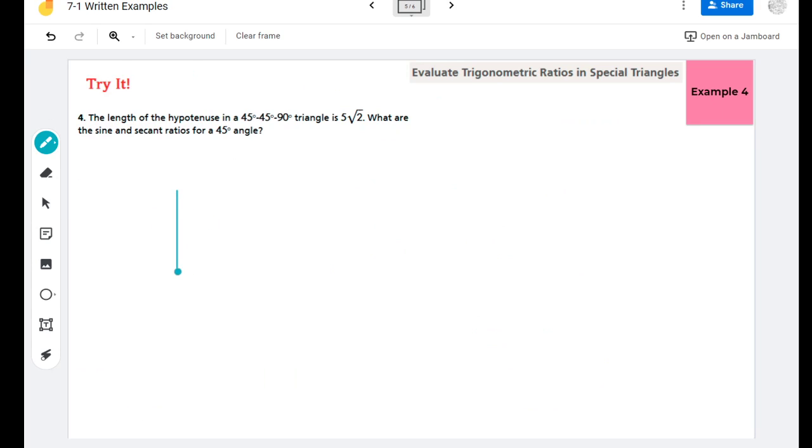So this is another 45, 45, 90. I try to draw it relatively nicely. And so it says the length of the hypotenuse is 5 root 2. And so they're wondering for the sine of theta, where theta is a 45-degree angle. And they're wondering about the secant of theta.